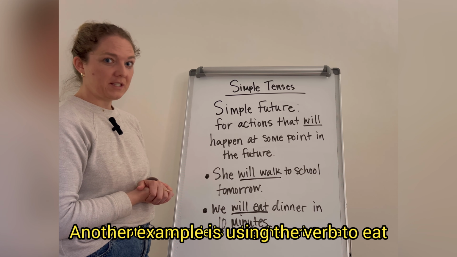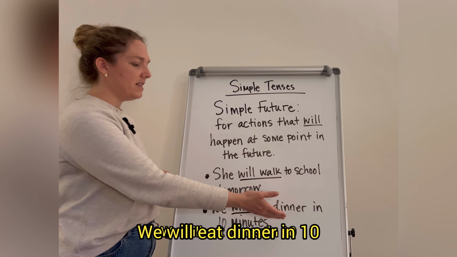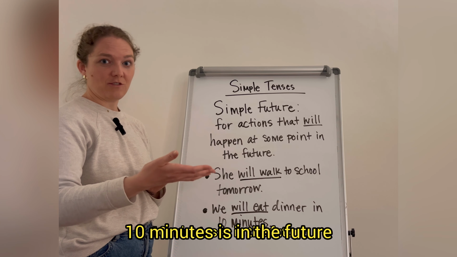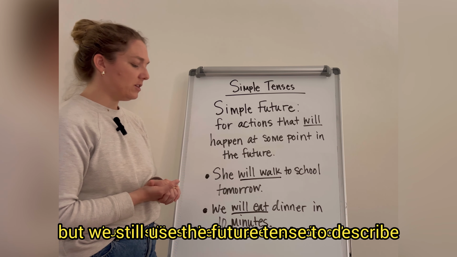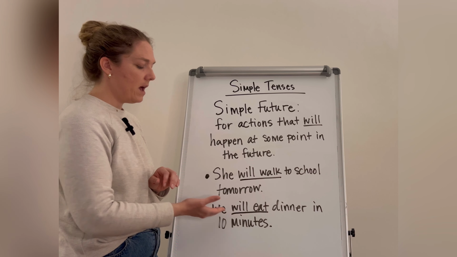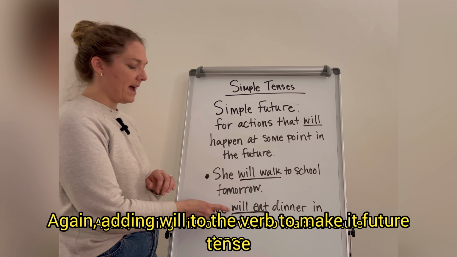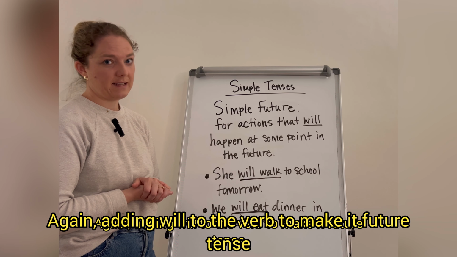Another example is using the verb to eat. We will eat dinner in 10 minutes. Ten minutes is in the future. It's not far in the future, but we still use the future tense to describe even 10 minutes. We will eat dinner in 10 minutes. Again, adding will to the verb to make it future tense.